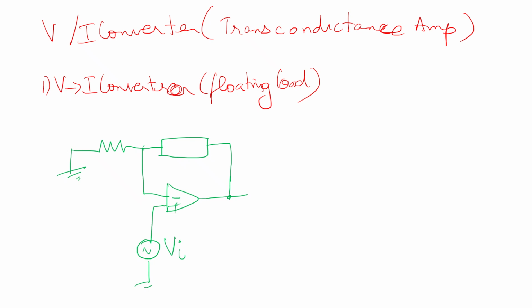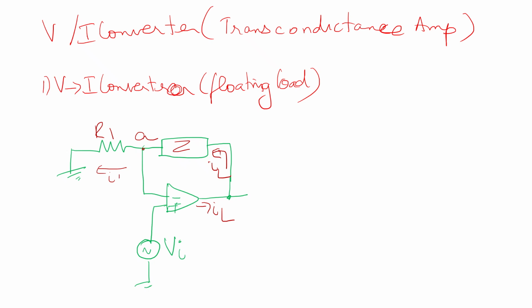This is ZL, this is ZF, R1. IL current flows through this ZL. We let this terminal be A for the purpose of analysis.